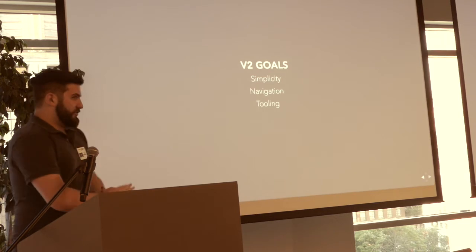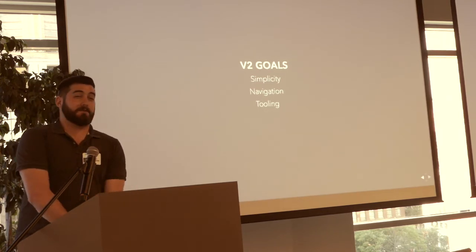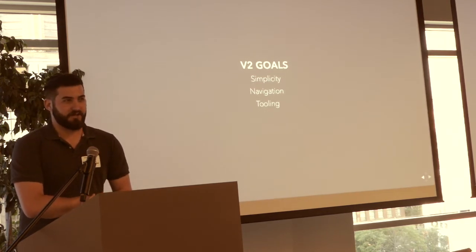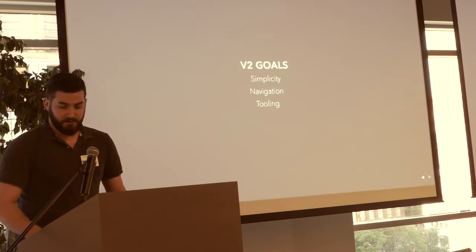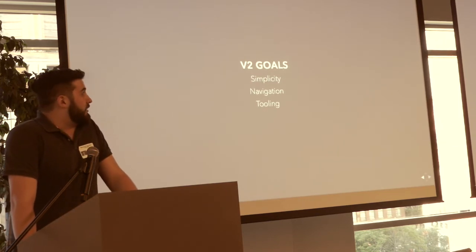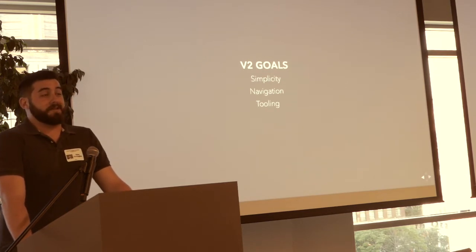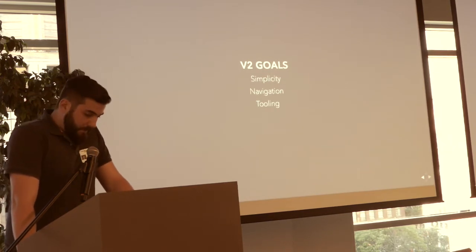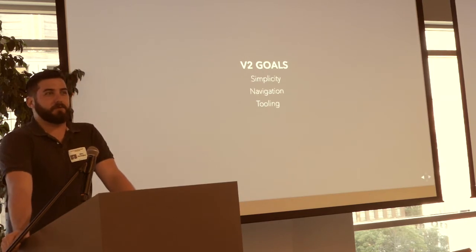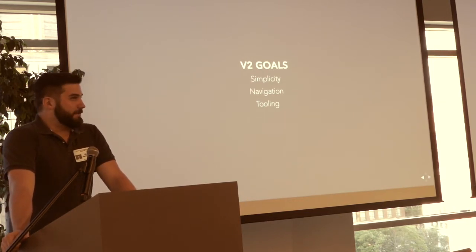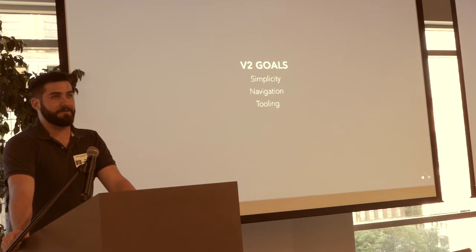So we want to make sure that your app is even simpler to code. You're not jumping through hoops to figure out what's going on. We want to make sure that our navigation is actually on par with what native can actually offer, and in some cases even better. And we want to make sense of all the tooling. JavaScript has gotten a lot better, but the tooling and whole ecosystem has not.